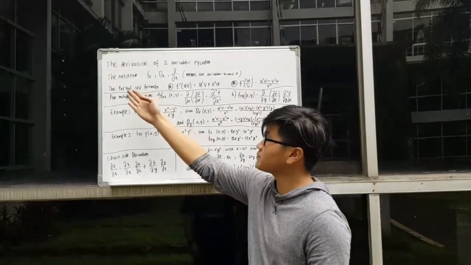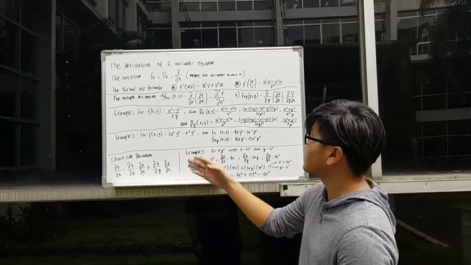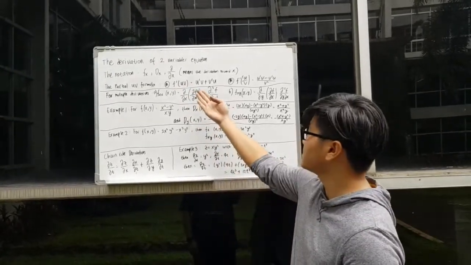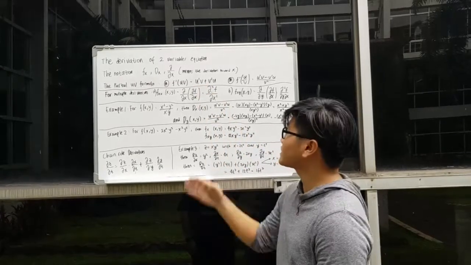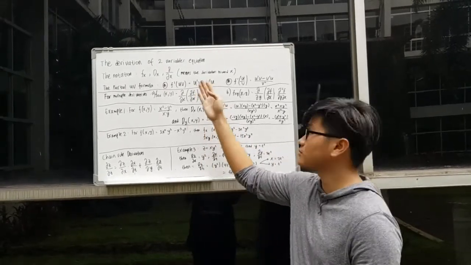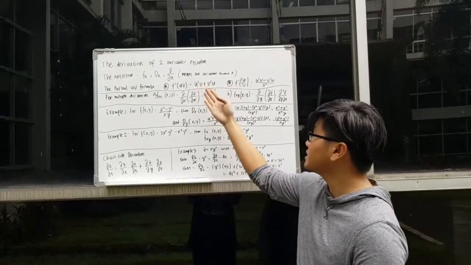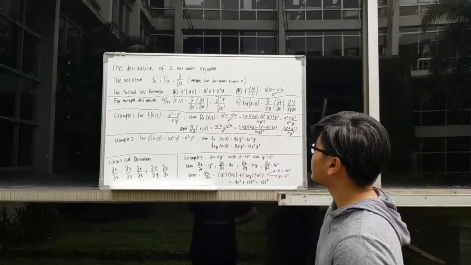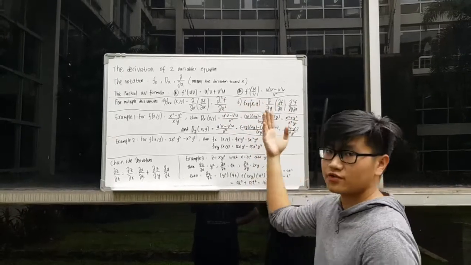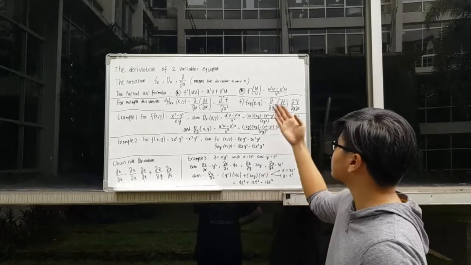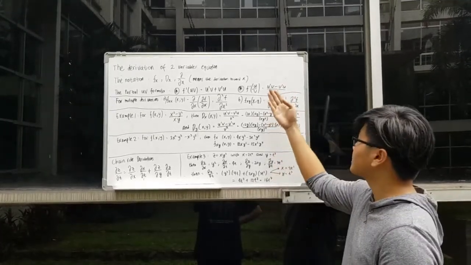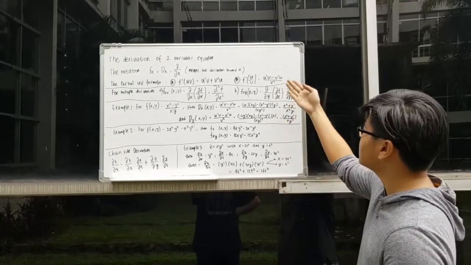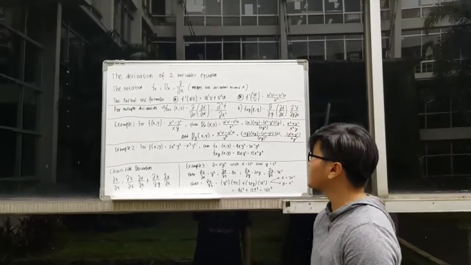We use the product rule, where the derivative of f(uv) equals the derivative of u multiplied by v plus the derivative of v multiplied by u. And for the derivative of u over v, we use the derivative of u times v minus the derivative of v times u, over v squared.